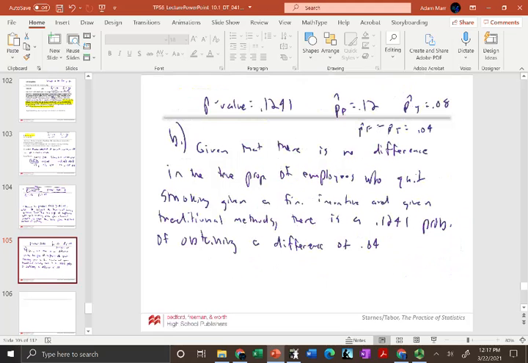So it's a difference of 0.04 or greater by chance. Okay, and that's good enough. Sorry about stumbling there at the end. So given there's no difference in the true proportion of employees who quit smoking given a financial incentive and given traditional methods, there's a 0.1241 probability of obtaining a difference of 0.04 or greater by chance alone, or just by chance, okay?